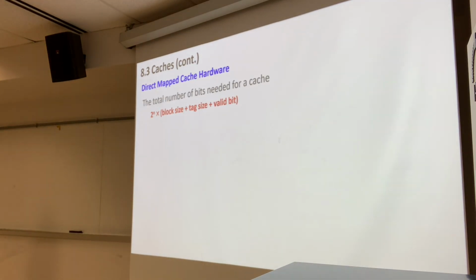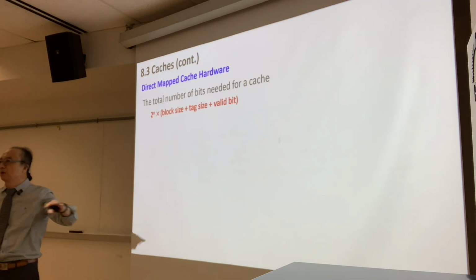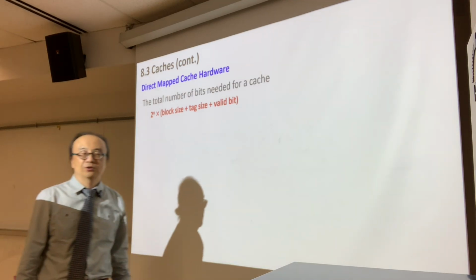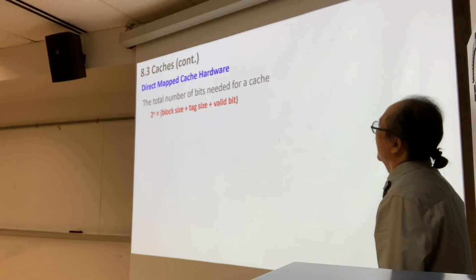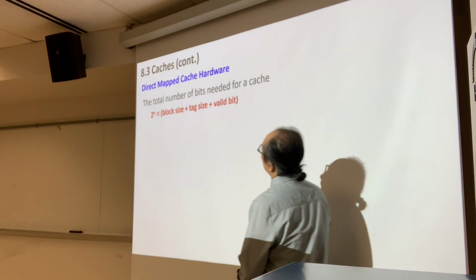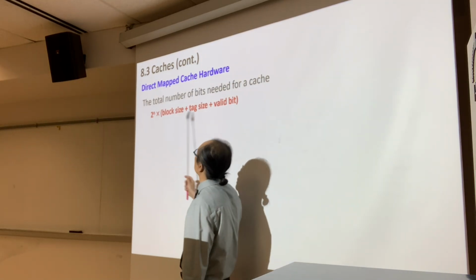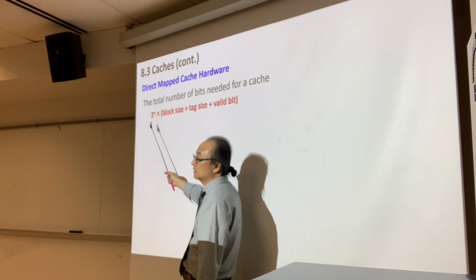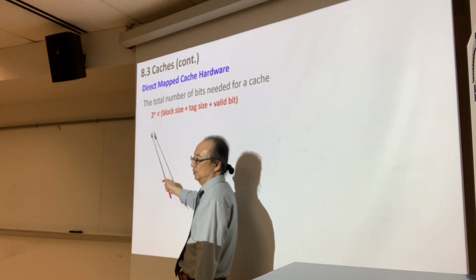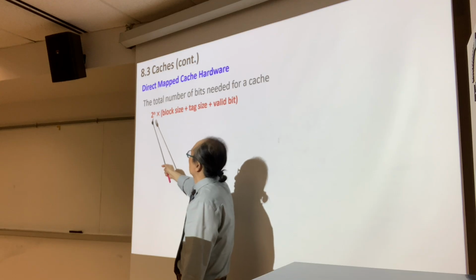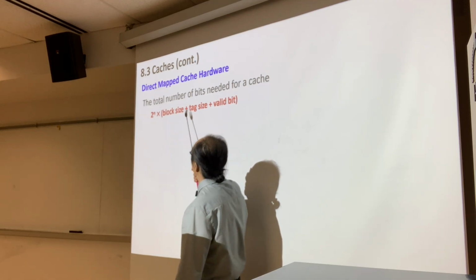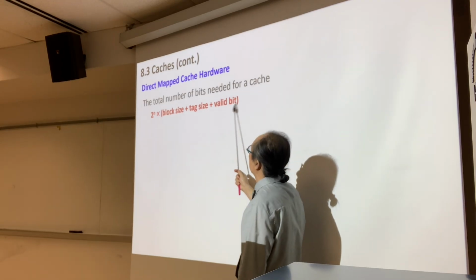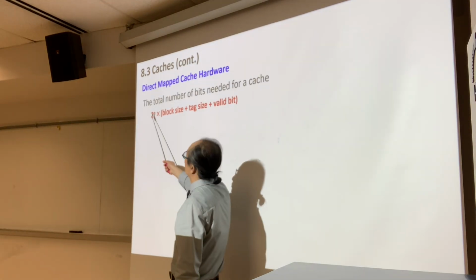So now, here's the thing. I give you some description, and then I'm going to ask you to find the total size of the cache. Okay? And the total size of the cache, we need to calculate using this formula. So that's something you need to write on your cheat sheet for the second exam. 2 to the power of n times the block size plus tag size plus valid bit, to calculate 2 to the n.